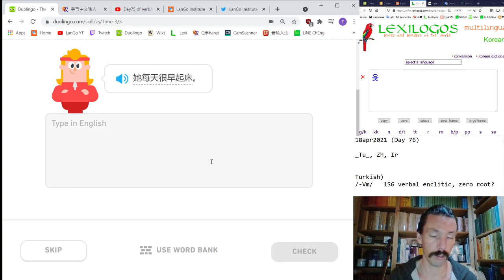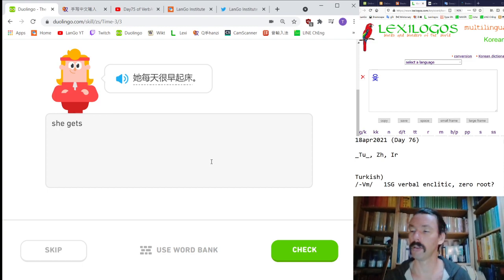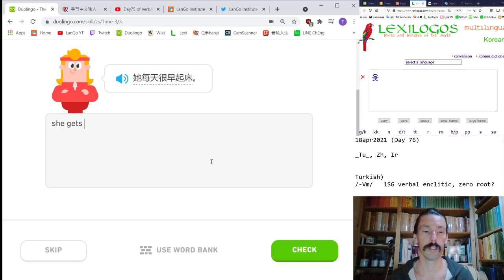She gets up. The 很 kind of very, but really a little bit softer. We can leave it untranslated. She gets up early every day.